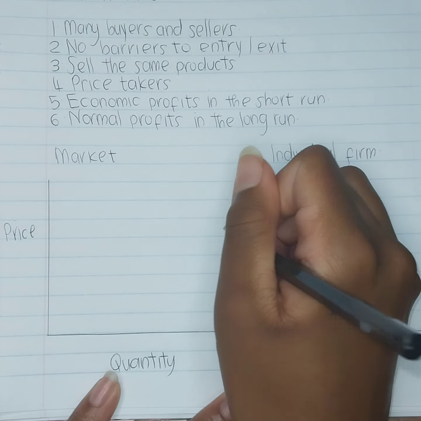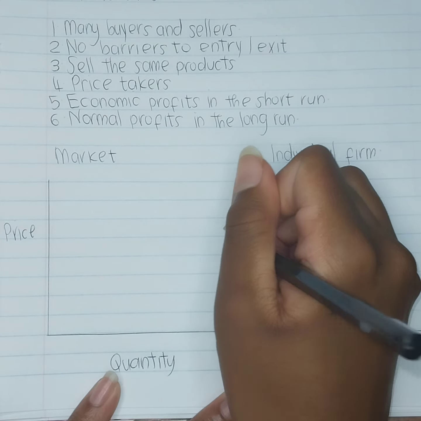So basically, that's what explains why they are price takers. An individual firm is so insignificant that it cannot increase or influence the market price. So the market price will be taken exactly as it is all the way to the individual firm.